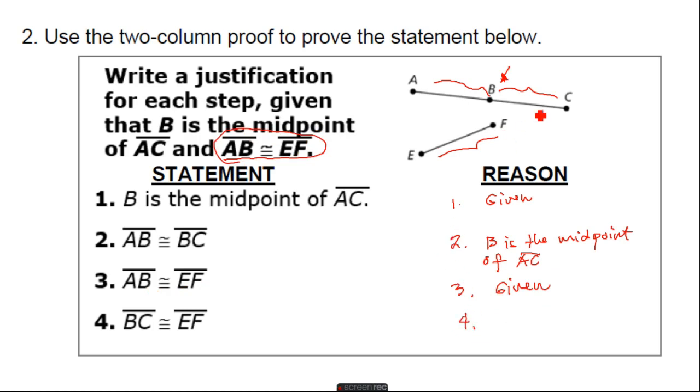And number 4, BC is congruent to EF. This is illustrated by the transitive property of congruence, because we have the congruent symbol.